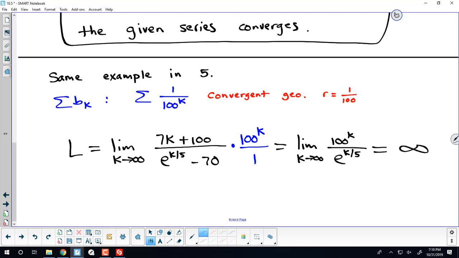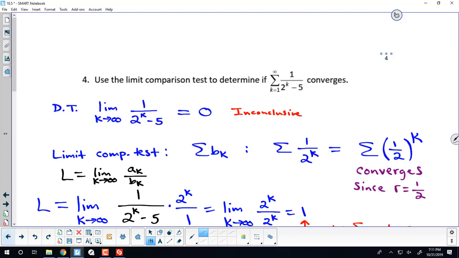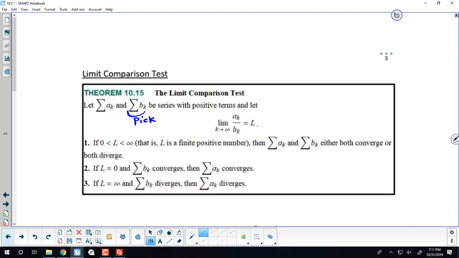And so in this instance, what happens? What's our conclusion? If the limit is infinity and b sub k diverges, then the given series diverges.